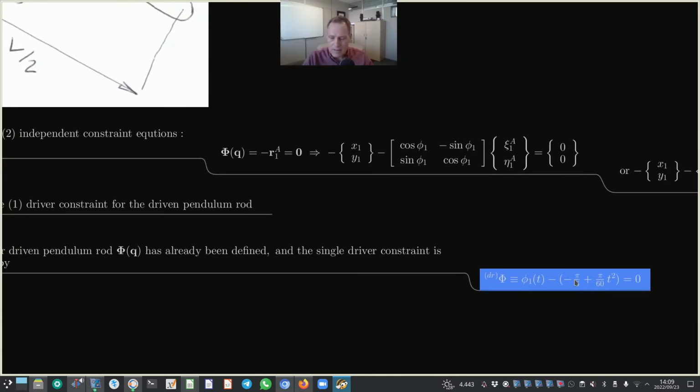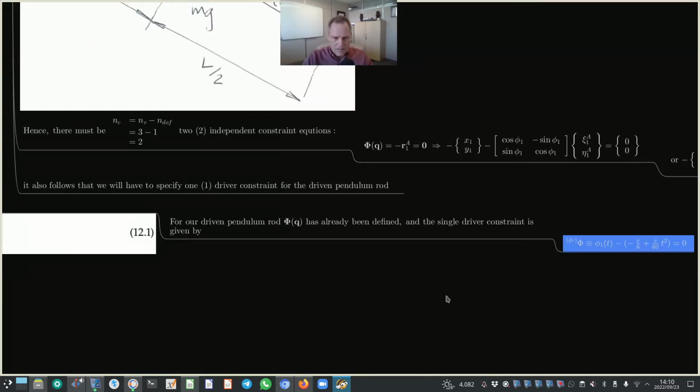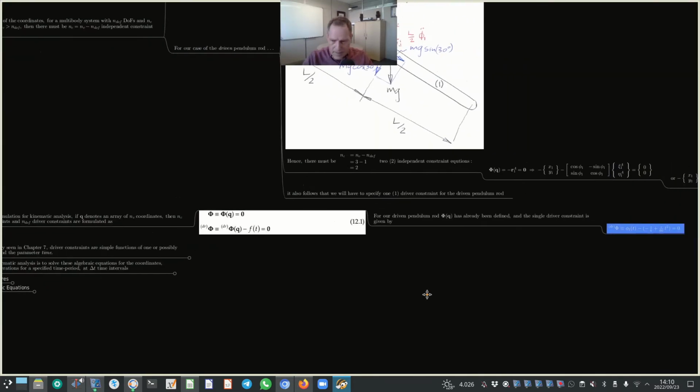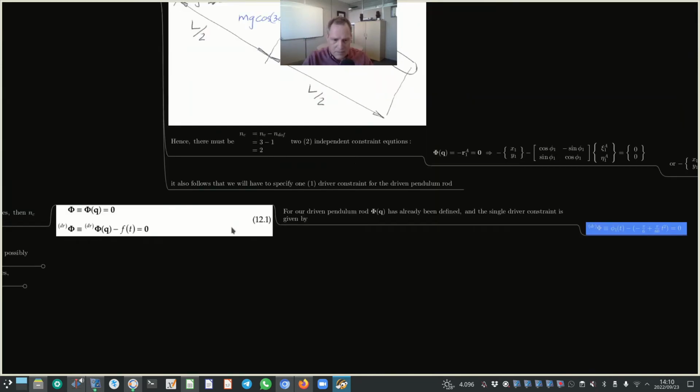It's minus 30 degrees. In radians, this is minus pi over 6 plus pi over 60 t squared equals 0. This is a quadratic function that we spoke about earlier, that prescribes the angular rotation of the pendulum rod.